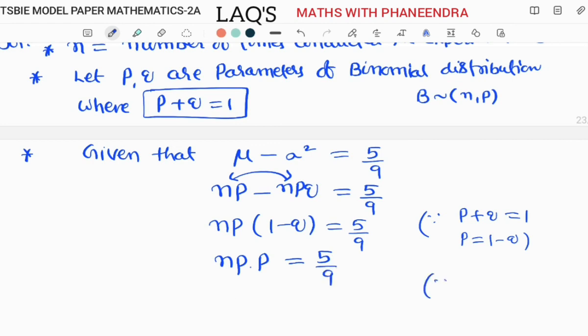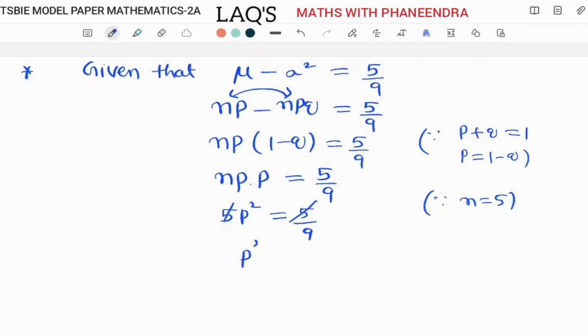Since the experiment was conducted 5 times, n is equal to 5. So 5p square is equal to 5 by 9. 5 gets cancelled, p square is equal to 1 by 9. That implies p is equal to 1 by 3. So p value we got, and n is equal to 5.